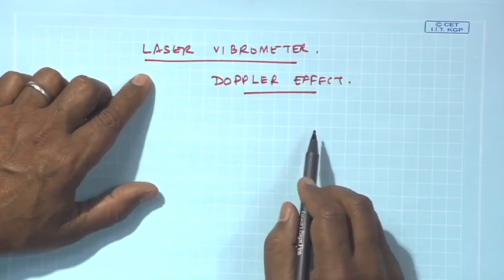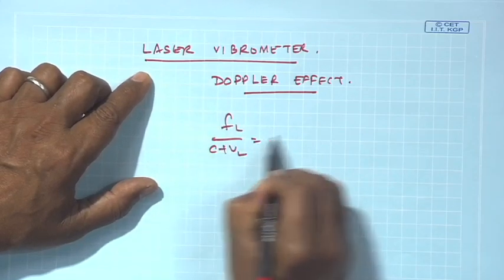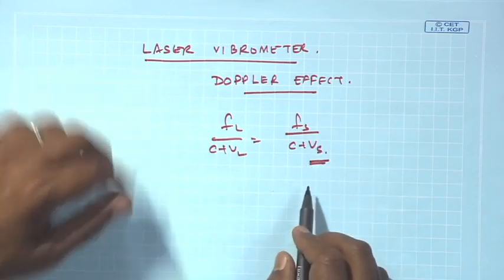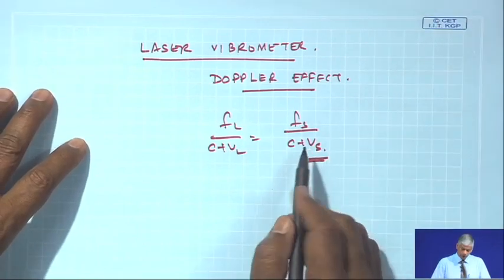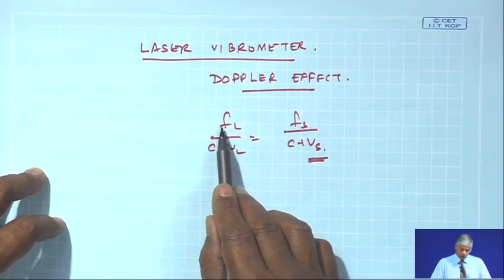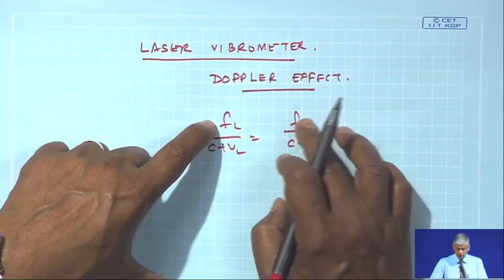Now, I can find out the velocity of the source, depending on the frequency of the incident wave and the reflected wave, and these two values are very, very high.